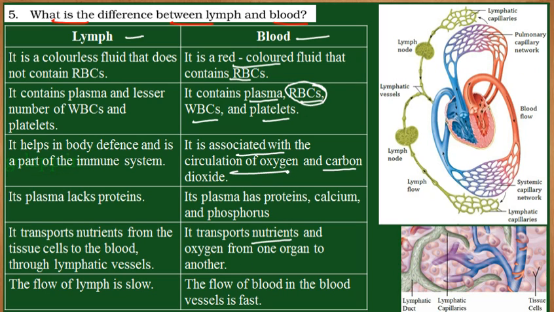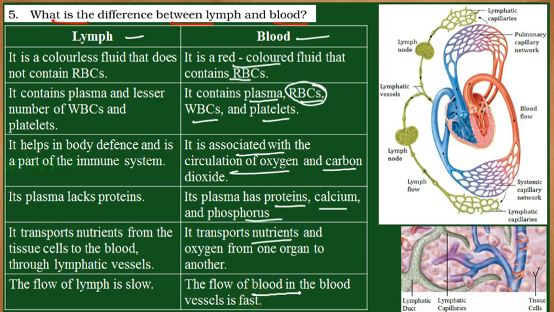Blood also has plasma proteins, and calcium, phosphorus. They help in maintaining the blood volume.